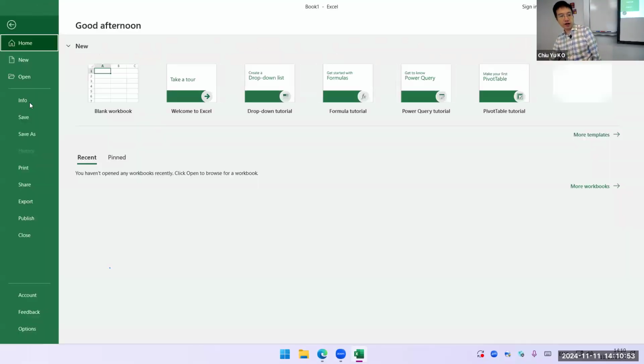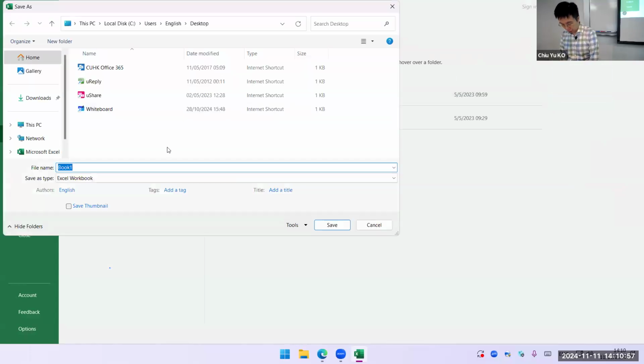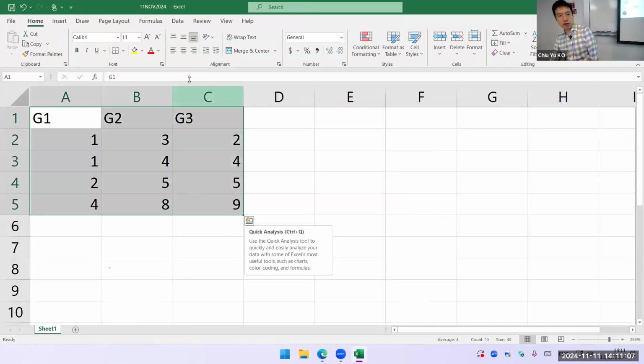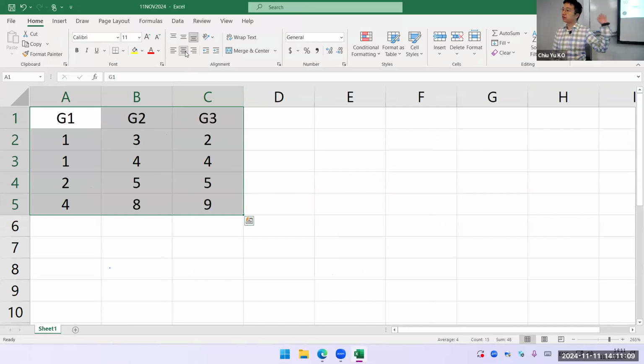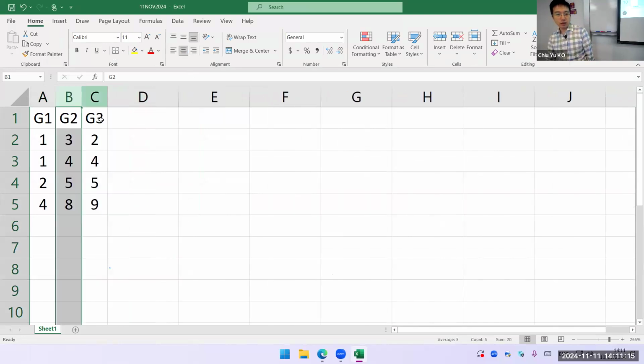Now let me save this file first, and then I will show you how I do it. So it's the data. For now, you need just one click and we're done. Don't worry, this will be a one click exercise. There's the data here.